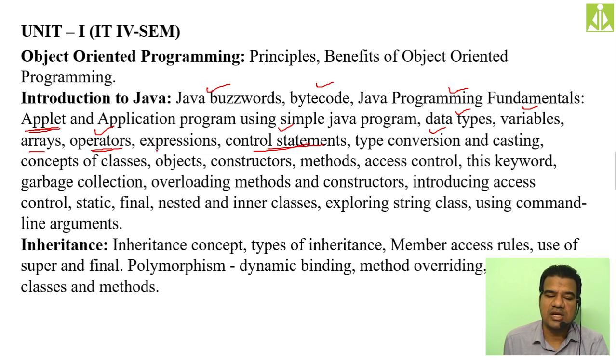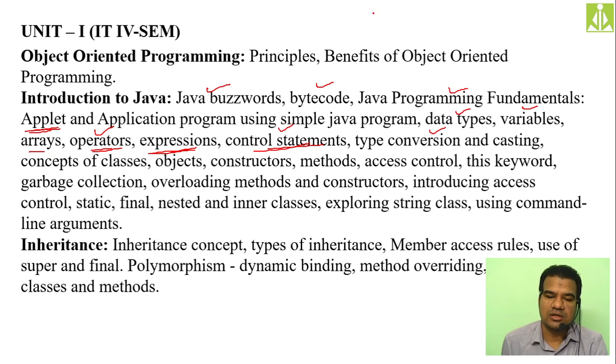Whenever there is a concept of variables, type conversion, or operator precedence, we have to go for expressions. It is not that we are discussing expressions separately. So what is an expression? An expression is a combination of operators and operands.